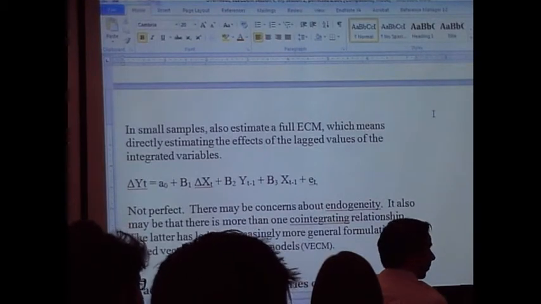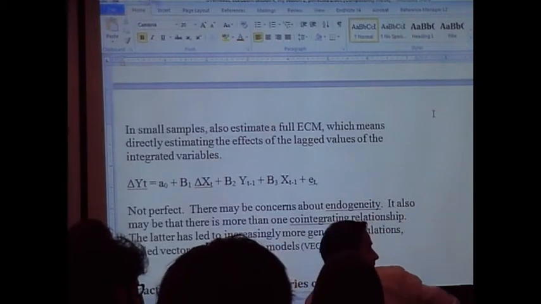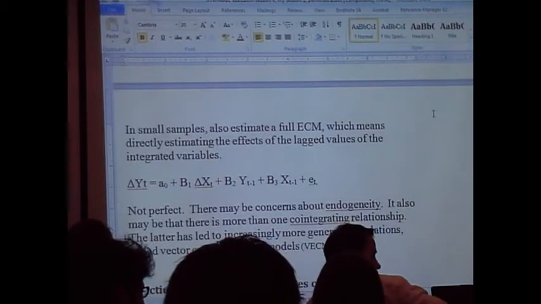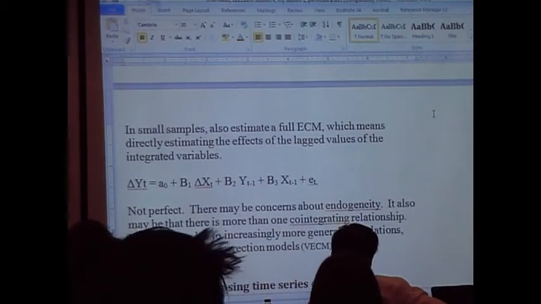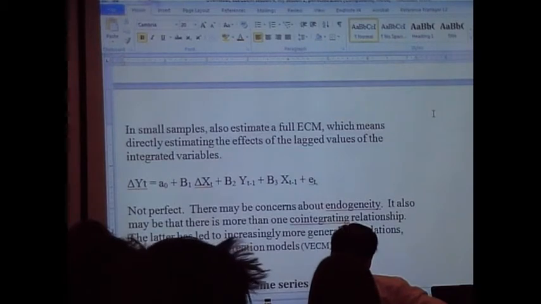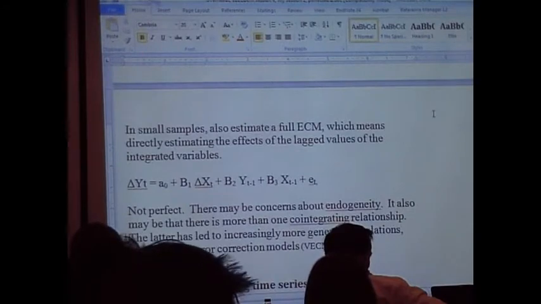Quick question. If x or y is already integrated, then we need at least three time points? You need what? 3 measurements in 3 time points to do this? You need a lot more than 3, or at least the very minimum would be 3. You can't estimate with 3.